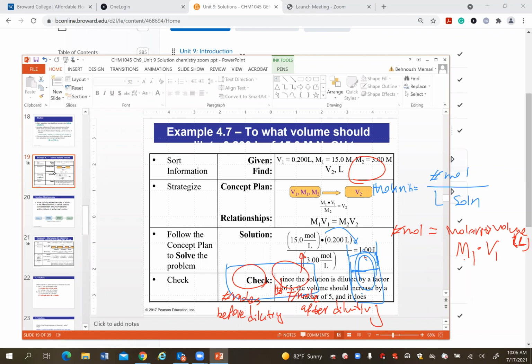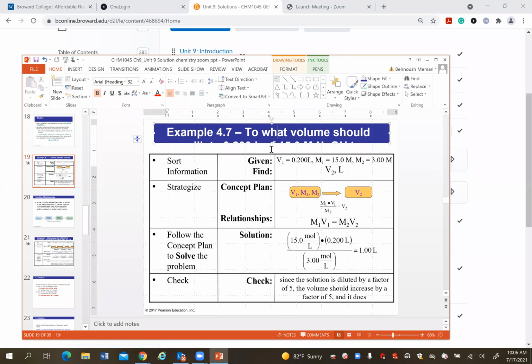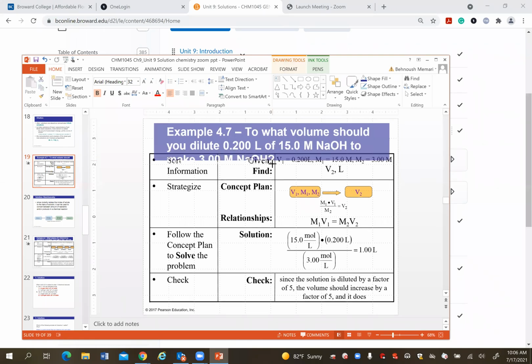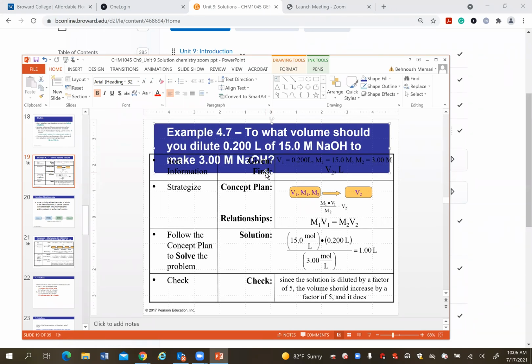Let's say, what volume should you dilute 0.2 liter of 15 molar sodium hydroxide solution to make 3 molar sodium hydroxide solution? First step, you want to label all your numbers. Recognize that this is a dilution problem.